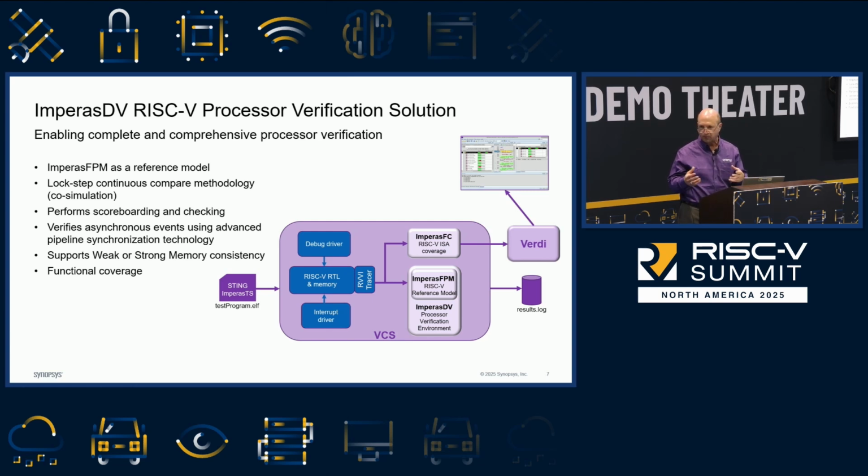So things like interrupts and multi-core and debug mode, things like that are very difficult to do using other verification methodologies. It also supports weak or strong memory consistency in the RISC-V specification, and it provides functional coverage.